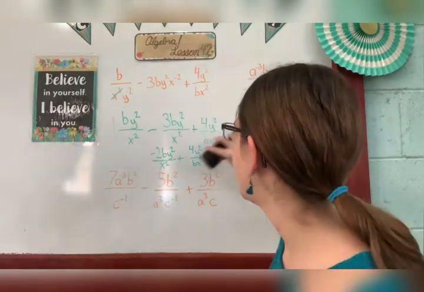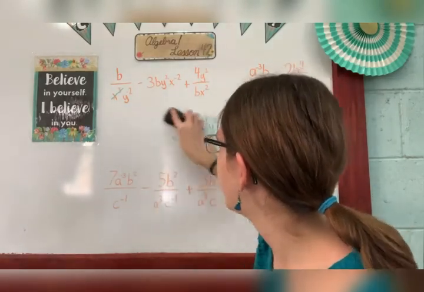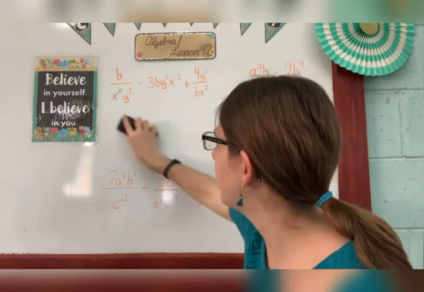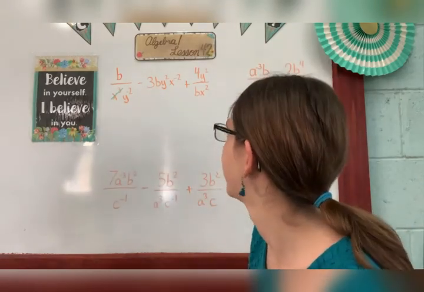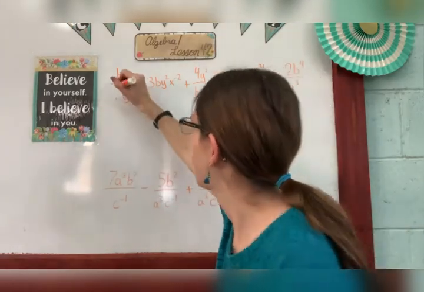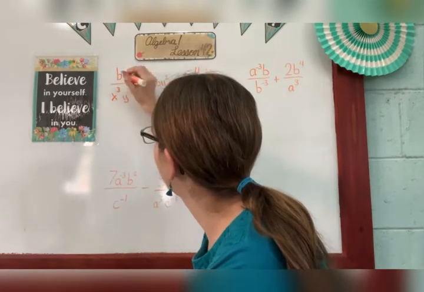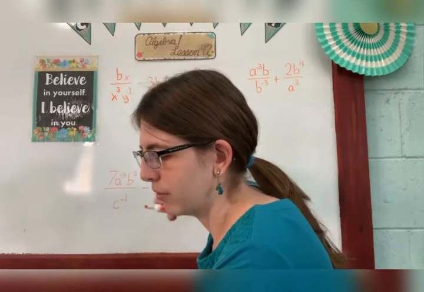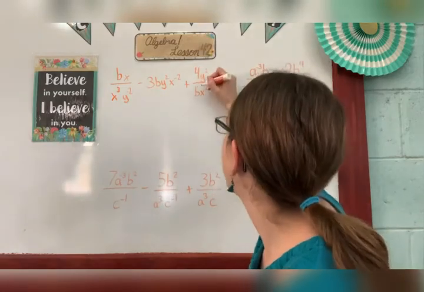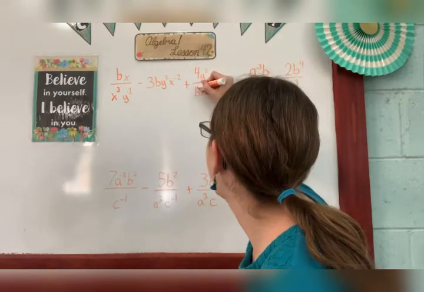Now I'm going to do this problem again, but I'm going to change one little part. After I fix this, x^3 and this one's an x. I'm going to change this b so it has a -1 exponent.